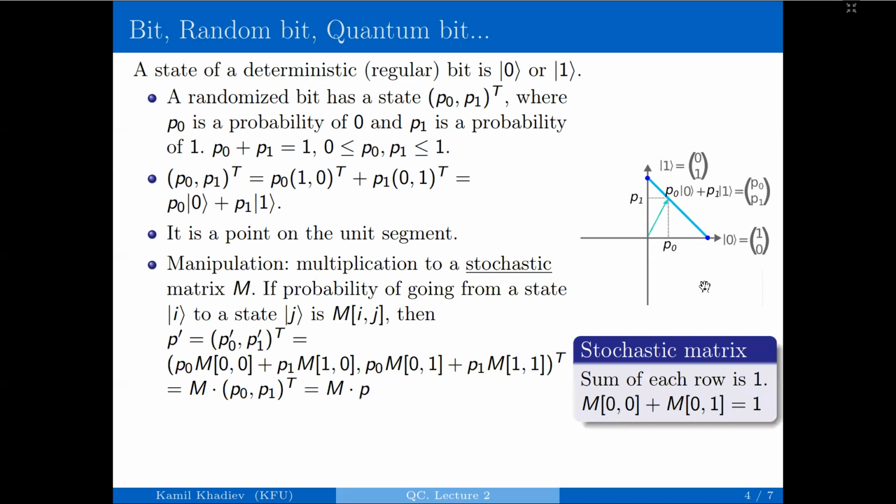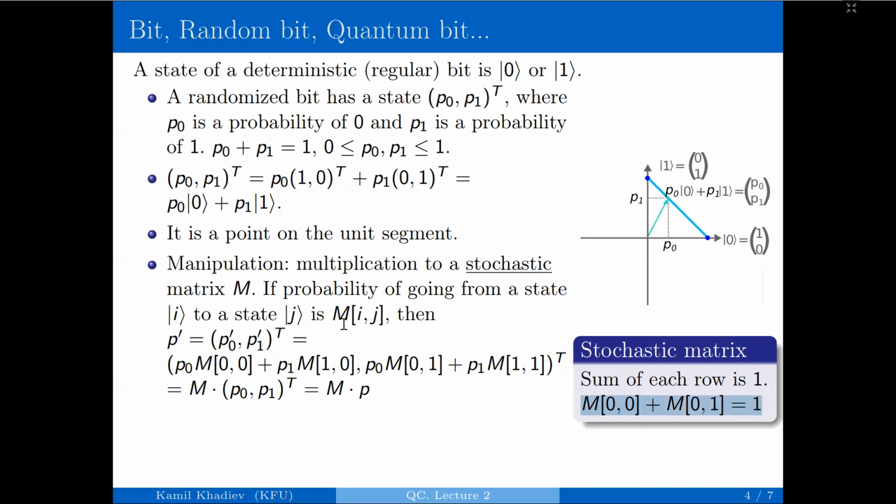Okay, how can we represent this changing of state? We can represent it as a multiplication by a stochastic matrix. Do you know what a stochastic matrix is? Yeah. Okay, it has the simple property that the sum of elements in a line is 1.